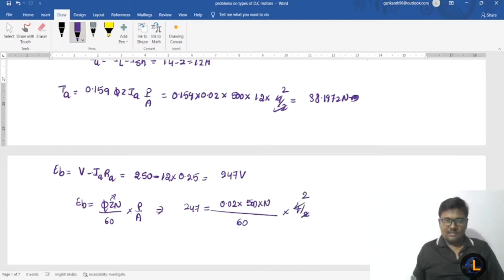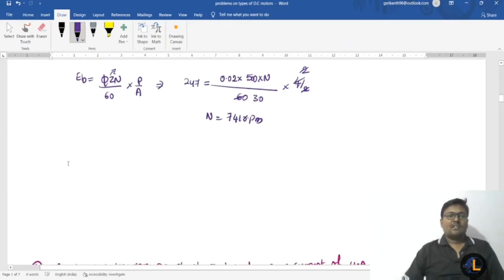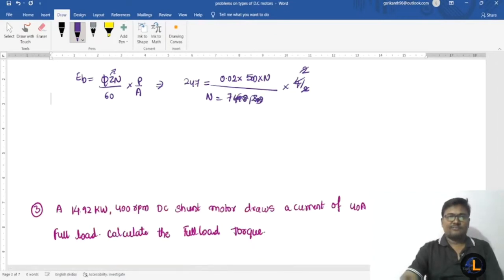So 247 into 3, then N is equal to 741 RPM. This is our final answer. 741 RPM.